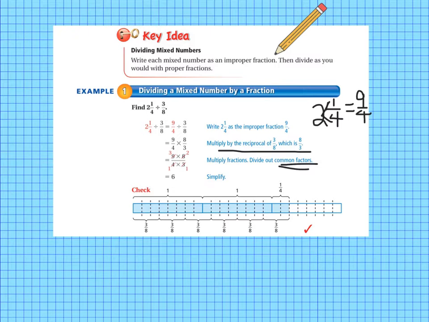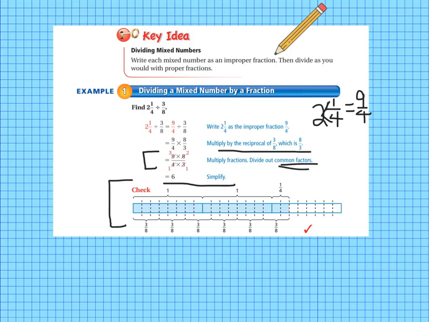So 3 goes into itself once, and it goes into 9 3 times. 4 goes into itself once, and it goes into 8 twice. So that makes a much easier multiplication problem for us. 3 times 2 is 6, and 1 times 1 is 1, and 6 over 1 is just the whole number. So it's already simplified for us, so it equals 6.